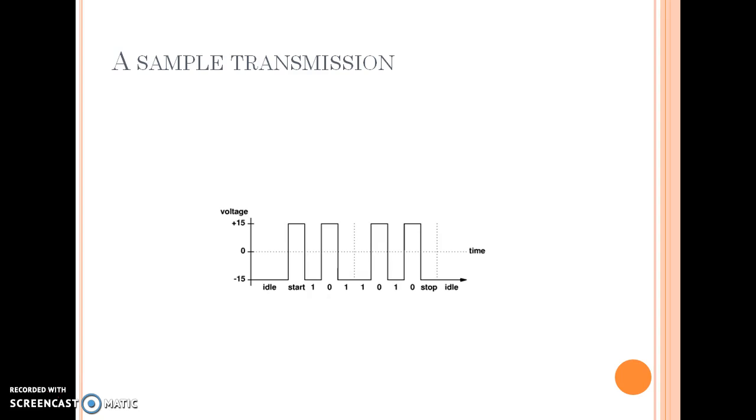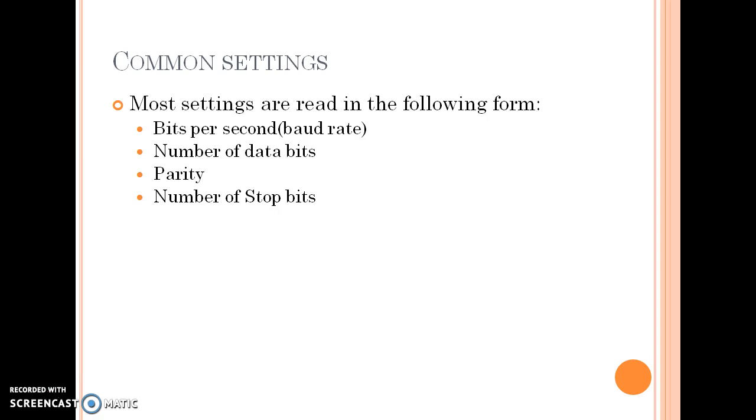The start bit is logic 0 sent on the line to tell the other device to start the sampling, and logic 0 is plus 15 volt DC, and the stop bit is logic 1 that is minus 15 volt DC. There are some common settings while using the RS-232 communication.